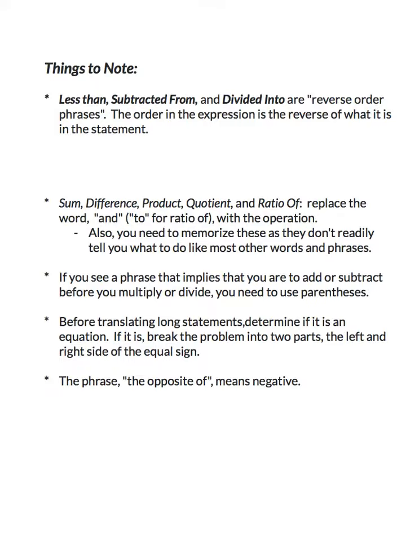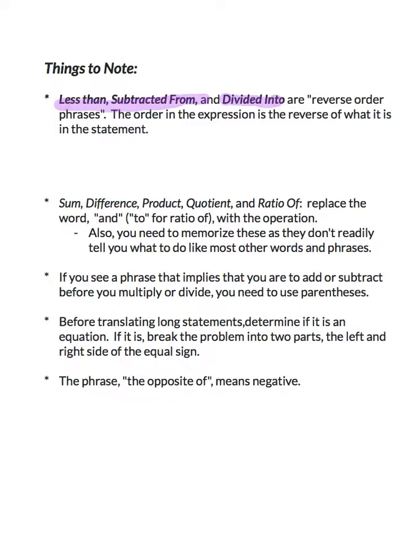Less than, subtracted from, and divided into. As I mentioned, these are reverse order phrases. The order in the expression is the reverse of what it is in the statement. For instance, if I say 5 less than 10, then what you actually want to do is subtract 10 minus 5.